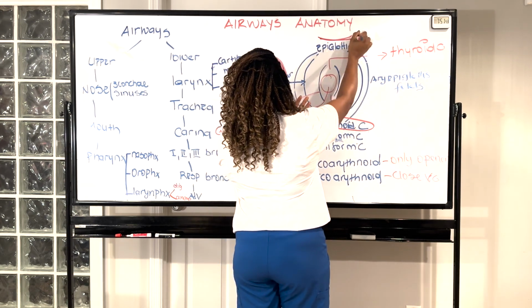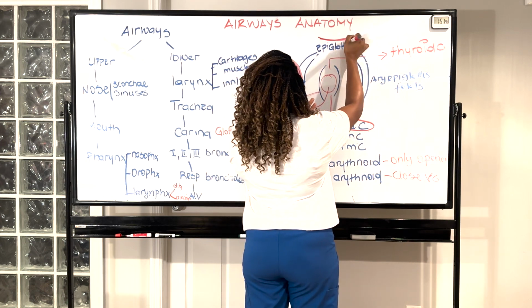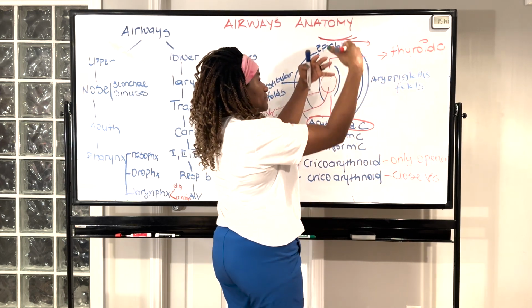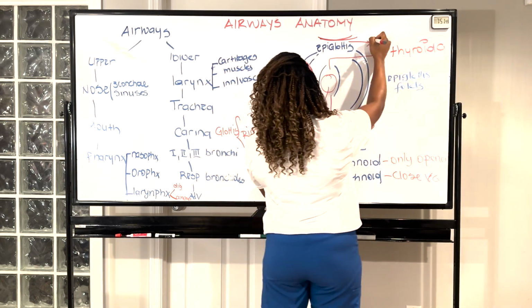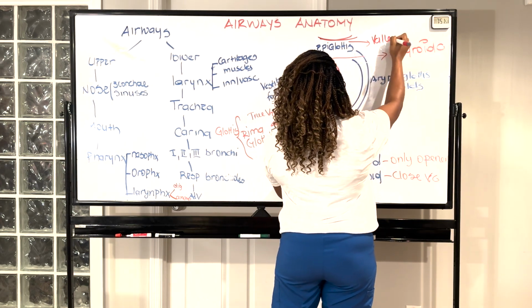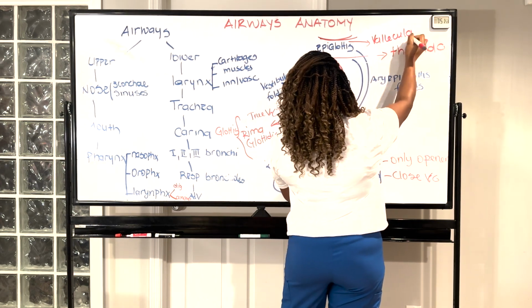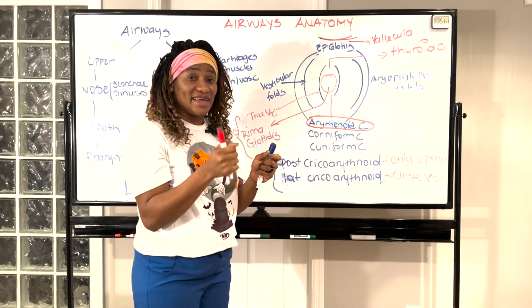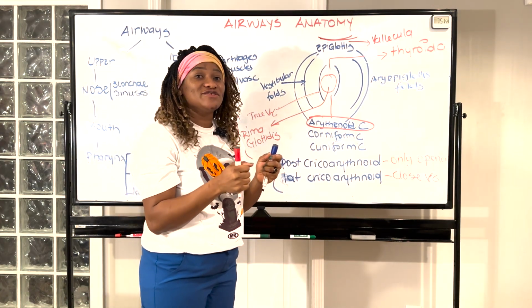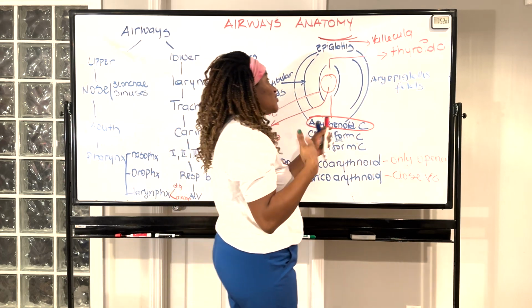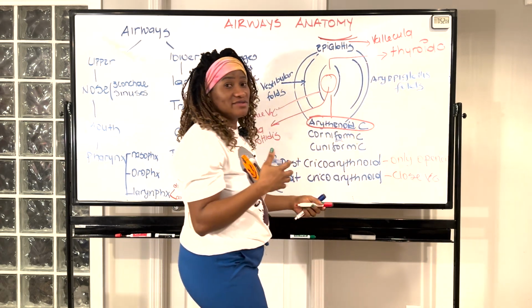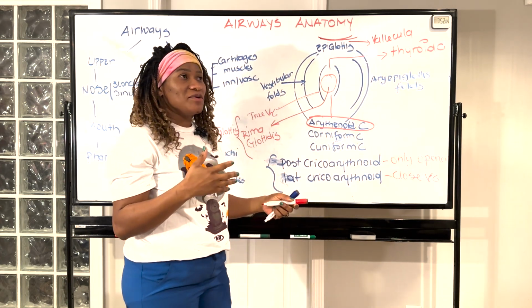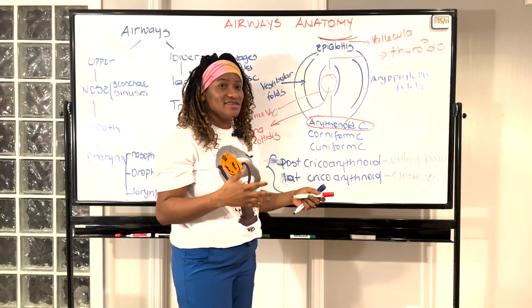Now, we have something behind the epiglottis because the root of the tongue is right here. We have the root of the tongue, we have the epiglottis, and inside the fold of the epiglottis we have what we call the vallecula. This vallecula is very important because according to the blade that you use to intubate your patient, you're going to see the role of this vallecula. But for now, remember, when you sleep, you are not constantly swallowing.